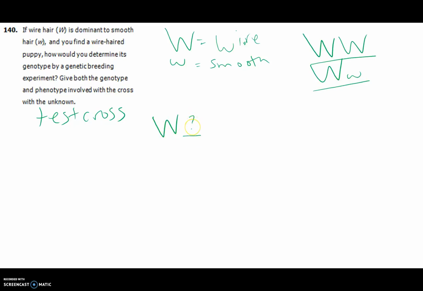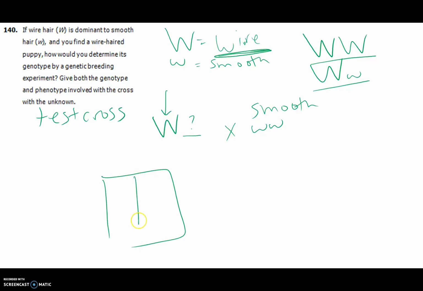We don't know what that second allele is. We know what the first allele is because it's a wire hair and it has the dominant trait. So we cross it with a homozygous recessive, a smooth-haired dog. Because now, when we look at our 2 options for our Punnett squares, here is my unknown.